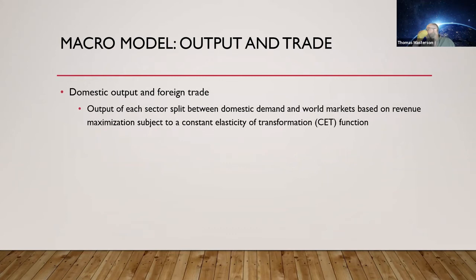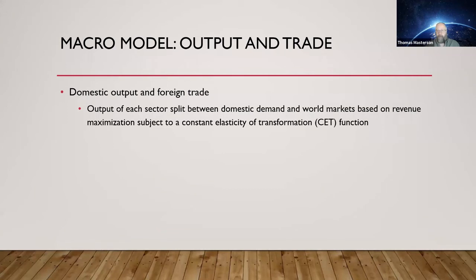Then back to this. Domestic output and foreign trade. The supply of each sector is going to be split between domestic demand and exports, and that's going to be based on revenue maximization, which takes into account prices within the country and the international market prices.